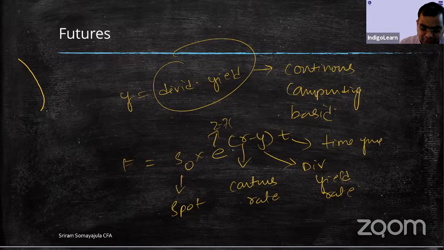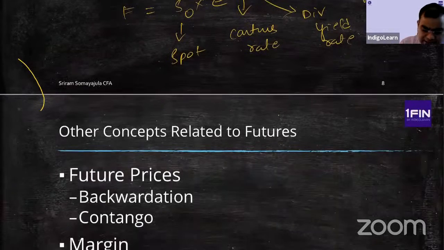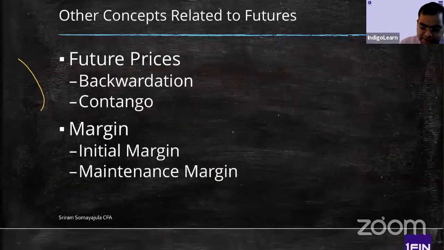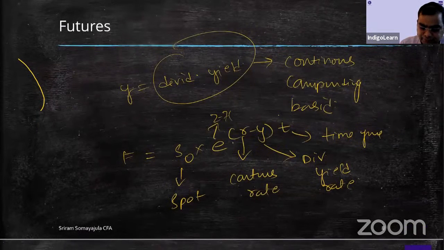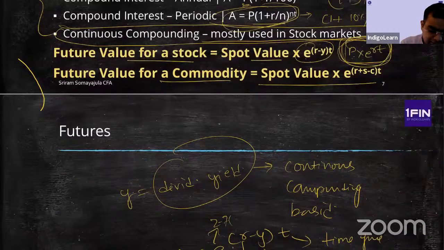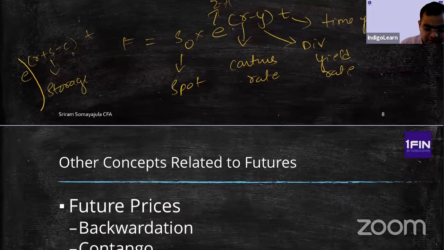Right. So now let us come to other aspects related to this. I think I have to explain this also. The future value of a commodity is, for a commodity, you also have something called S and C. These are e power (r plus s minus c) into T. s is storage cost, c is convenience yield.